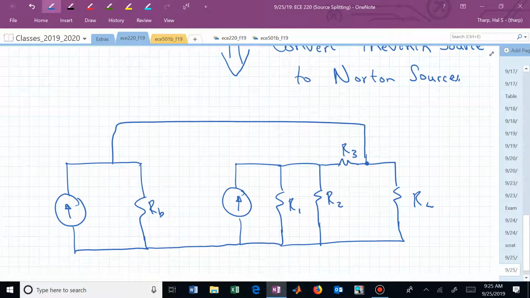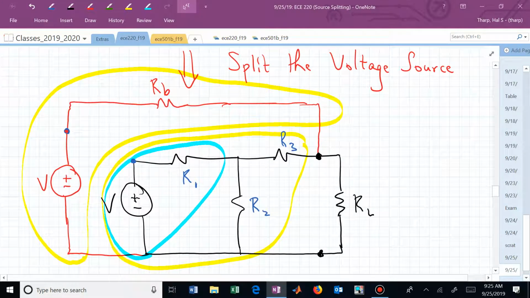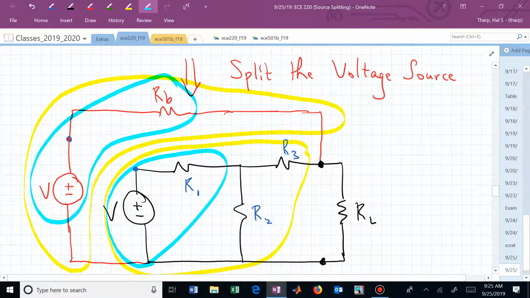What's the value of the current source on the left, if I'm now collapsing this Thevenin into a Norton?